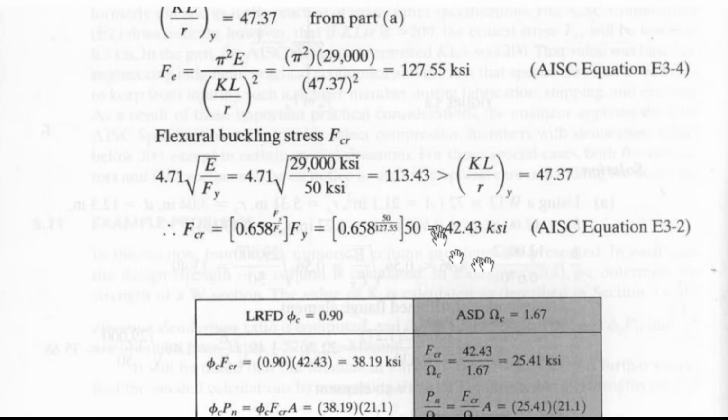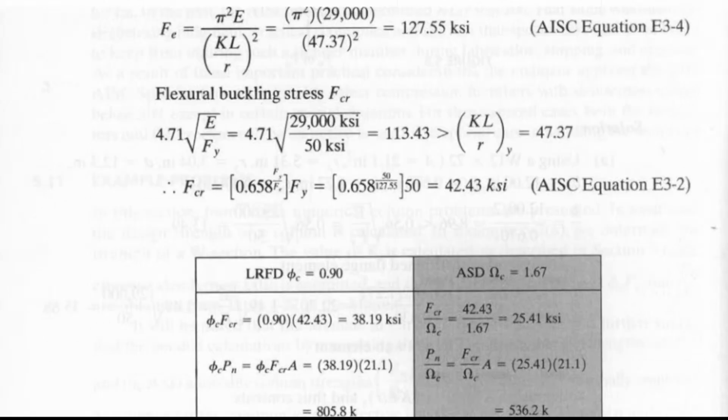So after finding the Fcr, we can multiply by phi c, which is 0.9. So multiply by 0.9, so 38.19. And therefore, multiply by area, which is 21.1, giving 805.8.